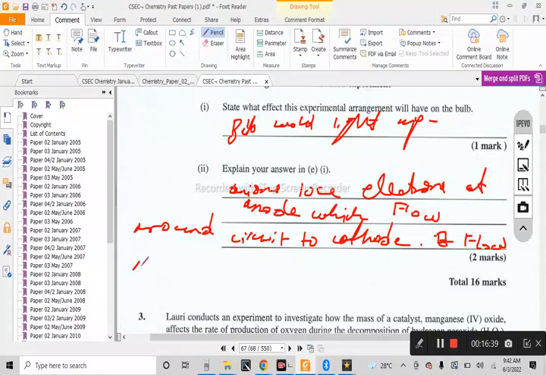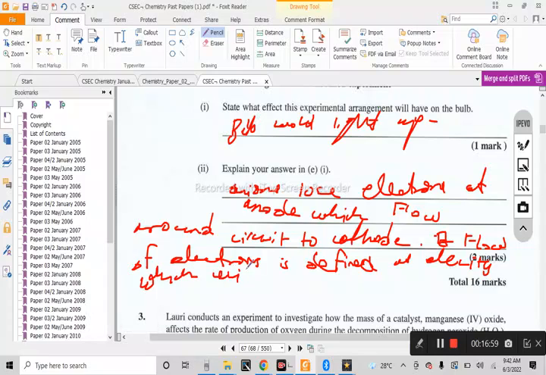Electricity. If electricity goes through the bulb, will it light up? Good. Electricity, or electric current, which will light up the bulb. Are we clear on that?